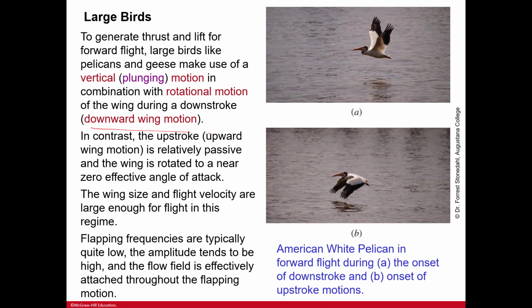The wing size and flight velocity are large enough for flight in this regime. Flapping frequencies are quite low. It takes a lot of energy to flap, right? The amplitude tends to be high, and the flow field is effectively attached throughout the flapping motion.